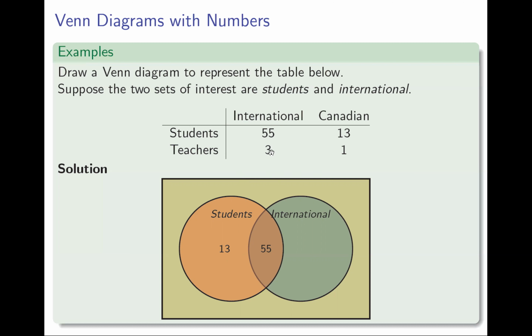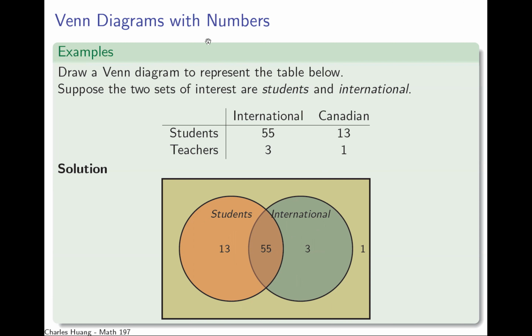For the international teachers, we put them inside the international circle, but outside of the student circle. And finally, Canadian teachers are not students and not international, so we put them outside. So this is how we would come up with a Venn diagram.